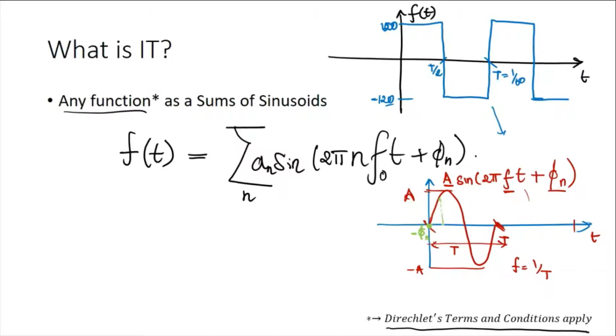Is t equals 0 over here? If t equals 0 is over here, then phase phi_n determines at what phase t equals 0 falls in. So at t equals 0, where exactly is the sine? So phase is just a shift of the sine wave, and it can take values between 0 to 2 pi.